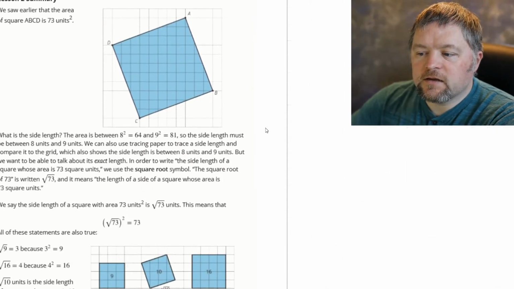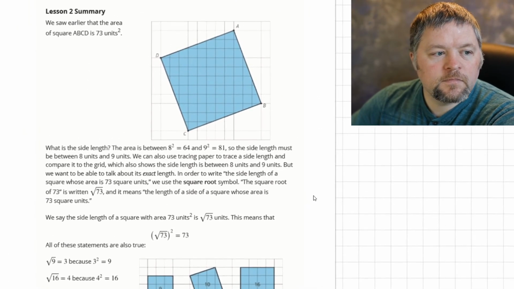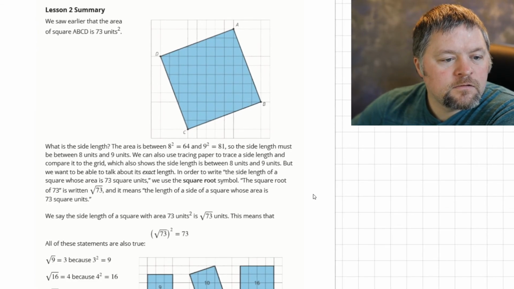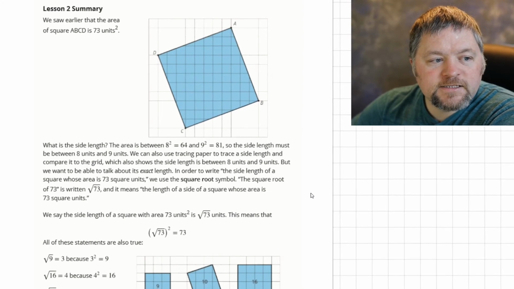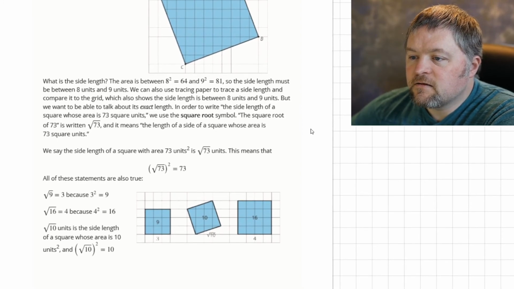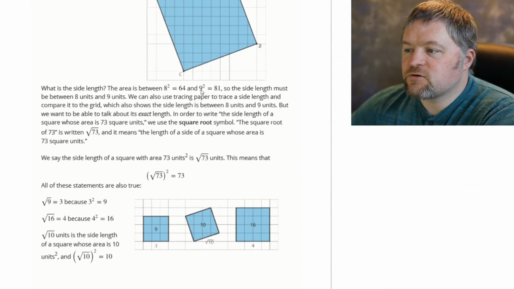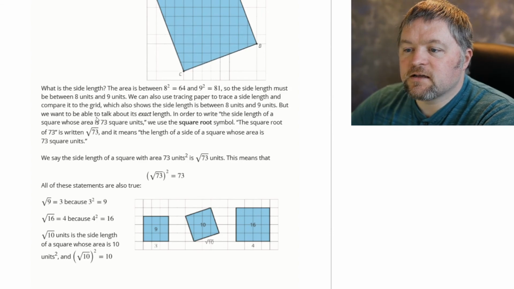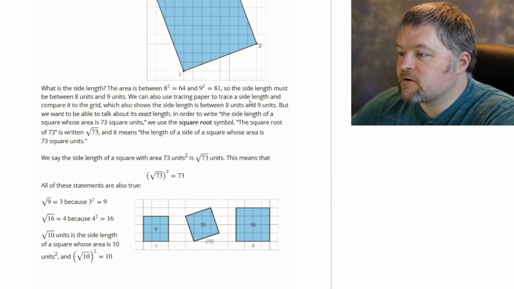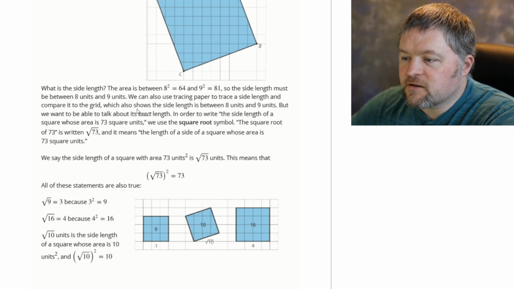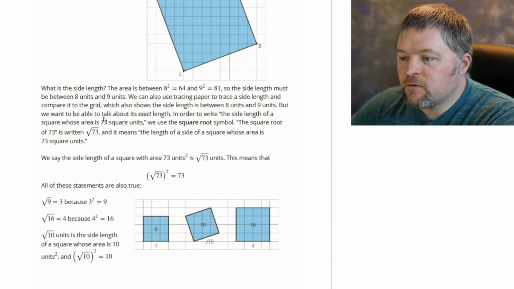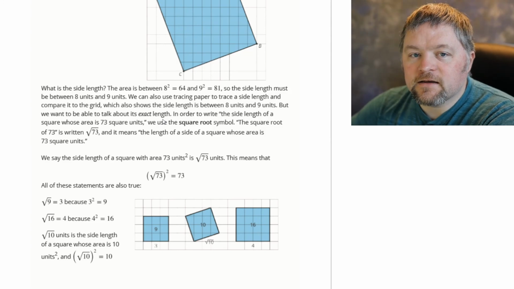Our summary. We saw earlier that the area of square ABCD is 73 units. What's the side length? The area is between 8 squared and 9 squared, so the side length must be between 8 units and 9 units. We can use tracing paper to trace a side length compared to the grid, which also shows the side length is between 8 and 9 units, but we want to be able to talk about its exact length.